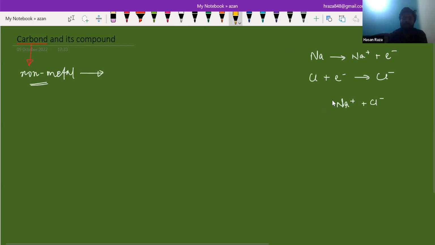We know that opposite charges attract each other, and there is an electrostatic force of attraction that binds them together, that is called ionic bond, and this compound is known as an ionic compound. Now are you aware of this ionic bond or ionic compound?